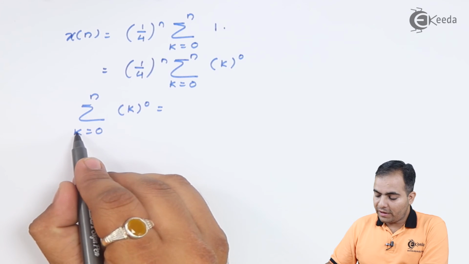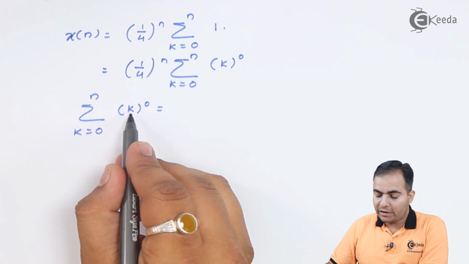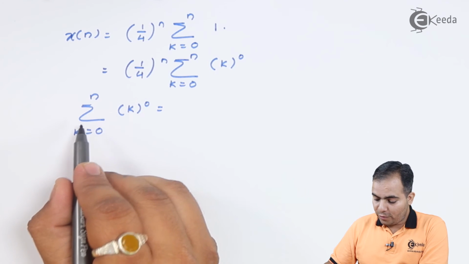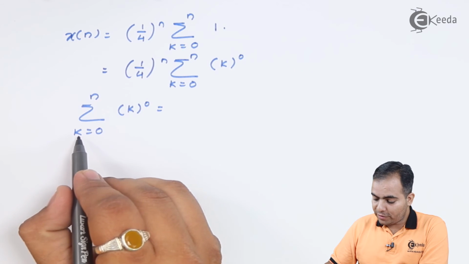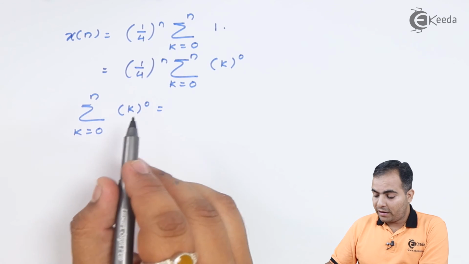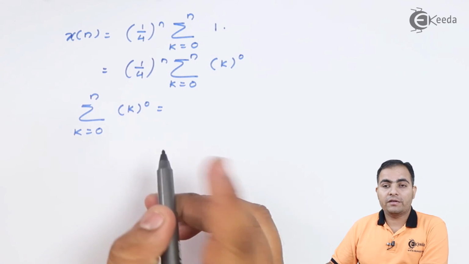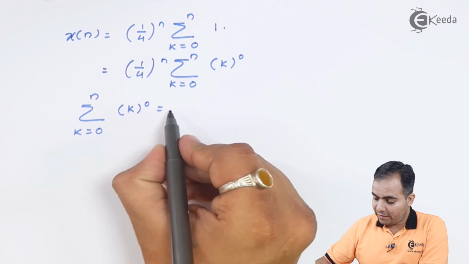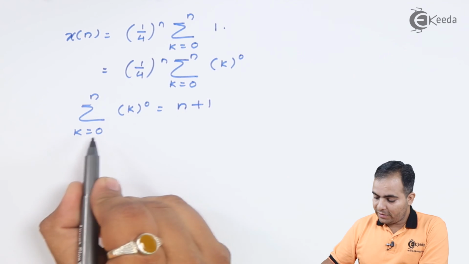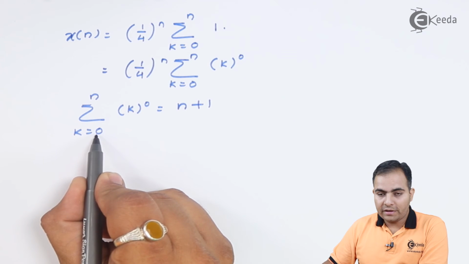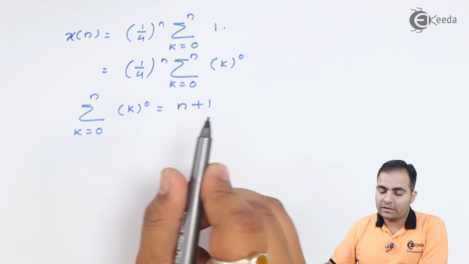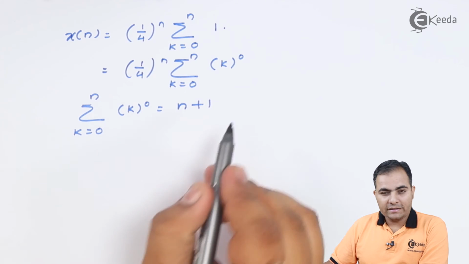Anything raised to 0 is always 1. If I open this summation and substitute all the k values till n, our answer is 1 plus 1 plus 1 plus 1, and so on. So I can write this whole sum as n plus 1. If I substitute 0 for n, then 0 plus 1 is always 1, so you will get the same result.